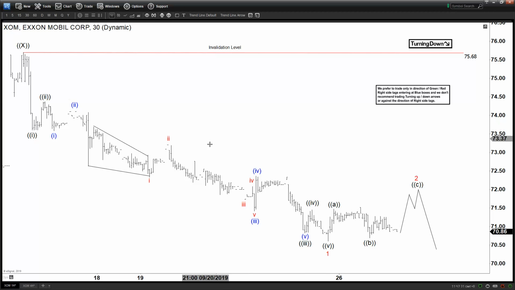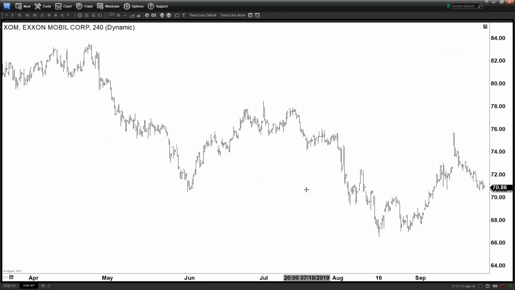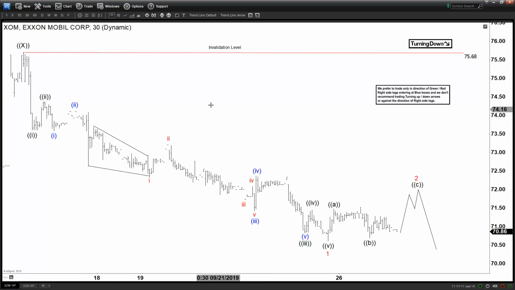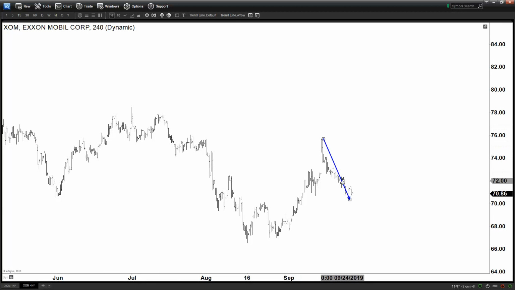Now if we look at the larger degree, this is the 4-hour. We can see right here, if this is 5 waves, which is basically what this 1-hour chart is showing, it will be difficult to label this as a wave C of a flat.